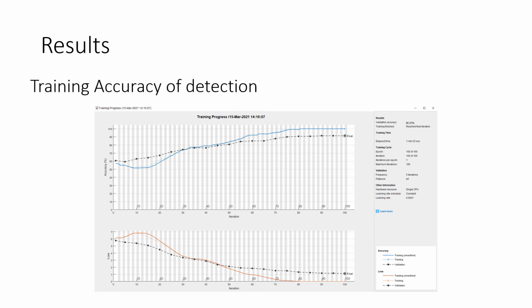And then we inputted all our images into this proposed system. We simulated this using MATLAB, and the training accuracy of detection is around 96.03%.